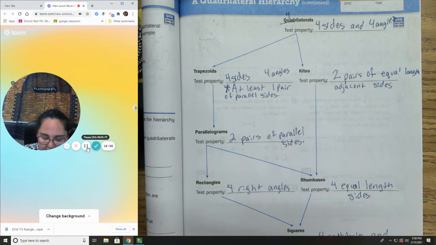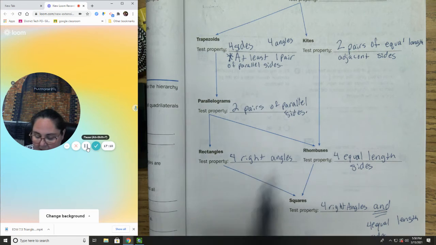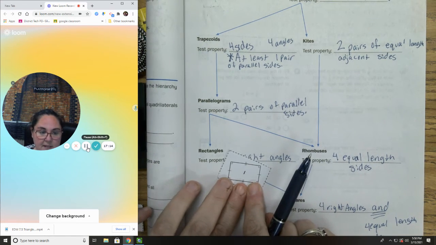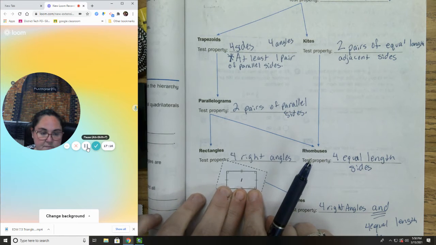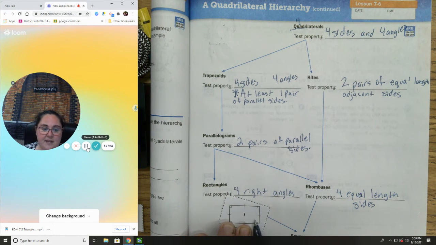Now, one thing that you're going to notice, and one thing that you're going to be able to do later on, and we're going to talk a little bit about right now on the other page, is you're going to learn about the names of all the things. So basically, if I have this shape right here, this is a rectangle, correct? It looks like a rectangle. Everything with an arrow that points to rectangle is also a name for this. This shape could be called a rectangle.